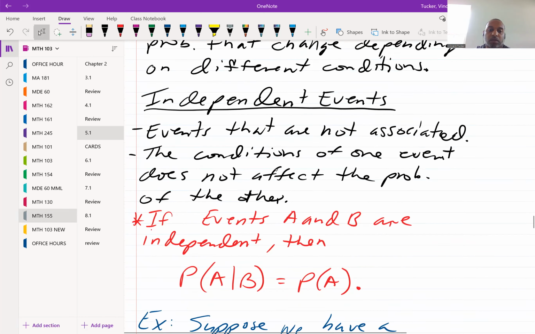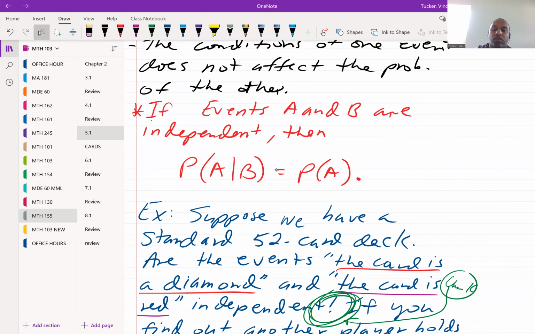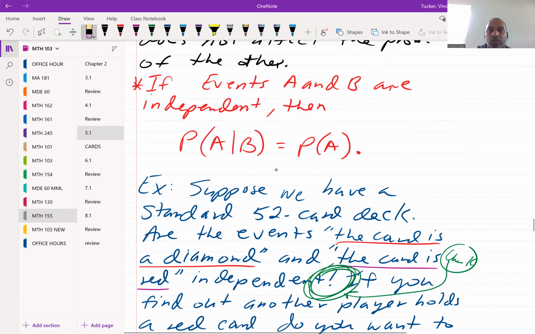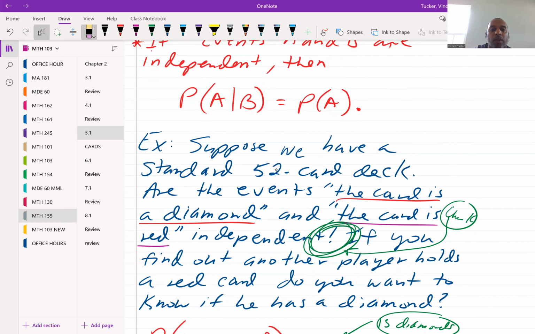All right, so let's look at this next example. Suppose we have a standard 52 card deck.